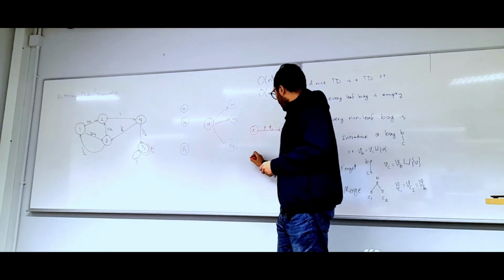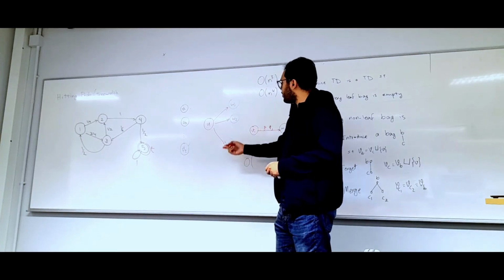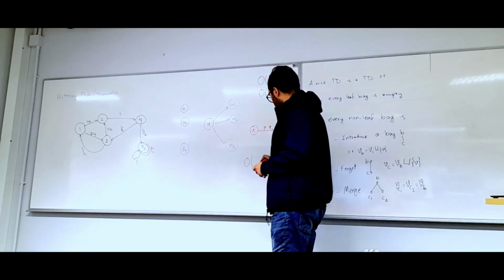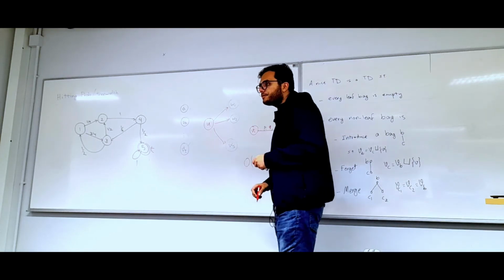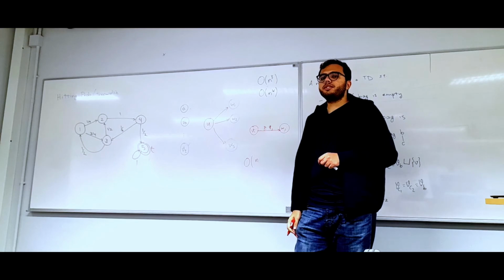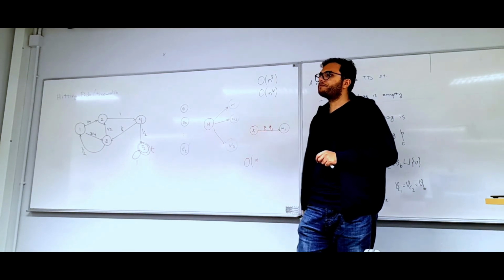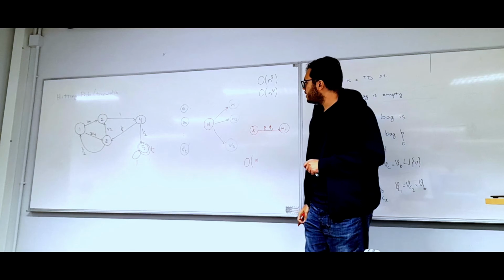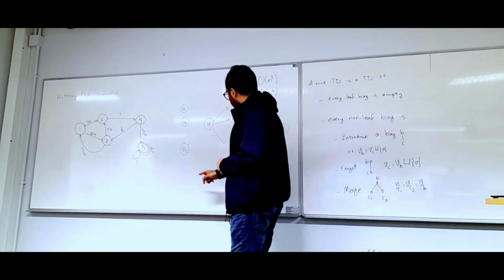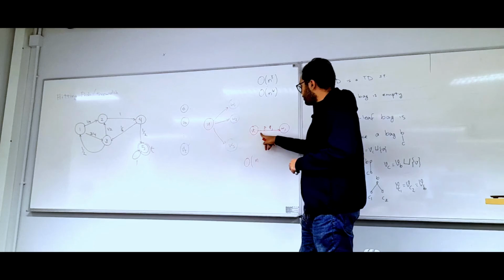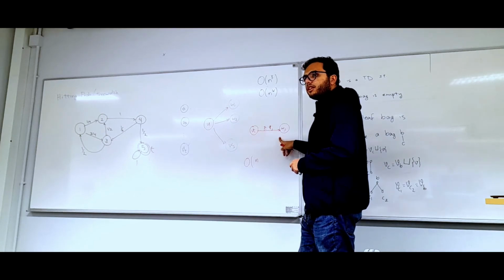Well, how many vertices do I have to remove? I have to remove n minus 1 vertices. Right? So, let's just call that n. Now, how much time do I spend removing every one of these vertices? So it's basically t times s, because I have to add t times s new edges, right?